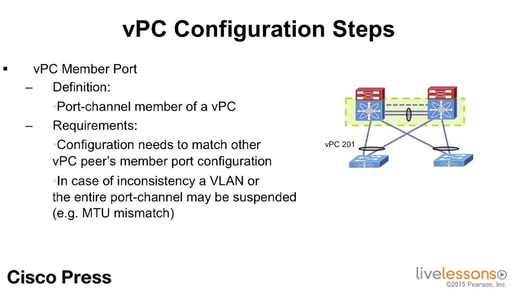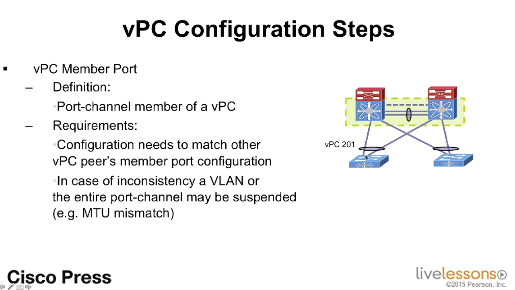So now let's move on to VPC configuration steps for a VPC member port. Again, the definition of a VPC member port, or a VPC, is an interface that's connected to two of your upstream VPC peers inside of a VPC domain.